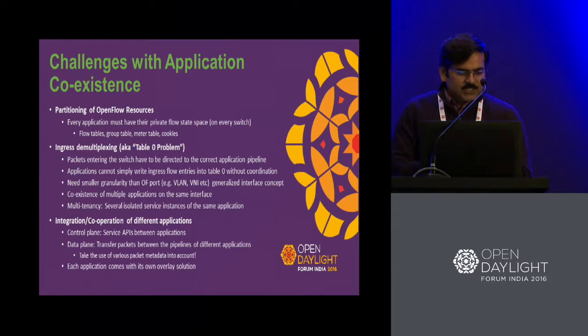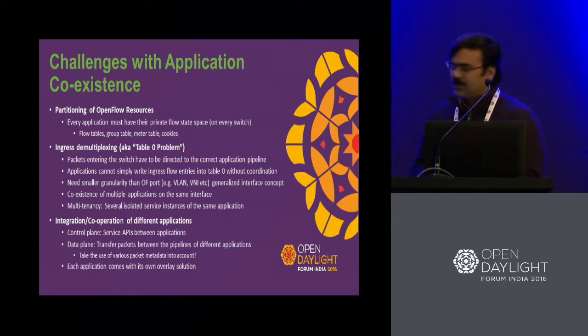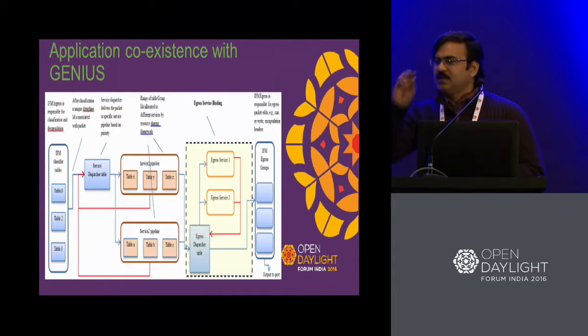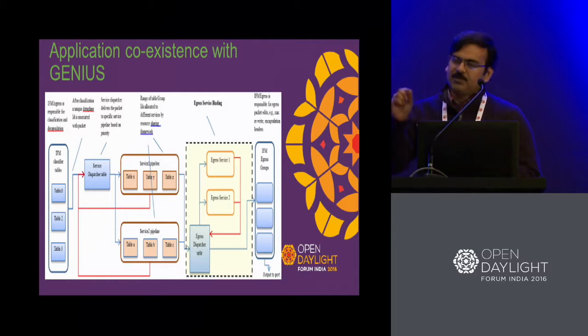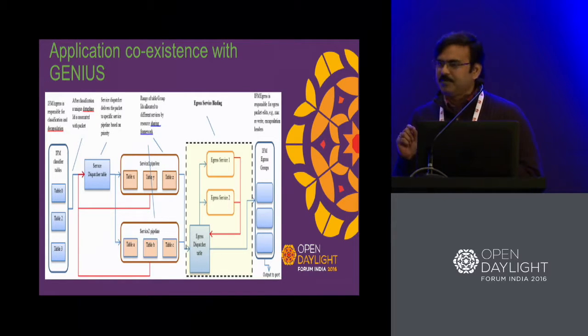Okay, so let's see what happens in the data plane. The very first is table 0, the classifier table, where packets are classified as belonging to a particular interface. The service modules or applications can create an interface, defining the classification parameters.